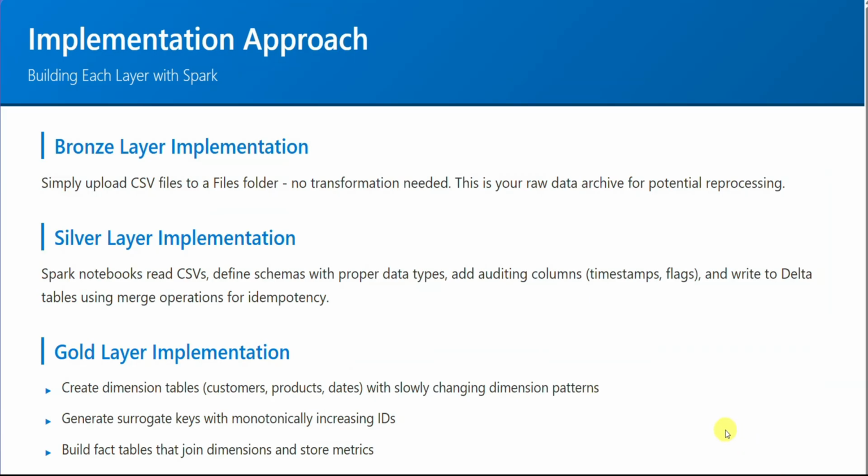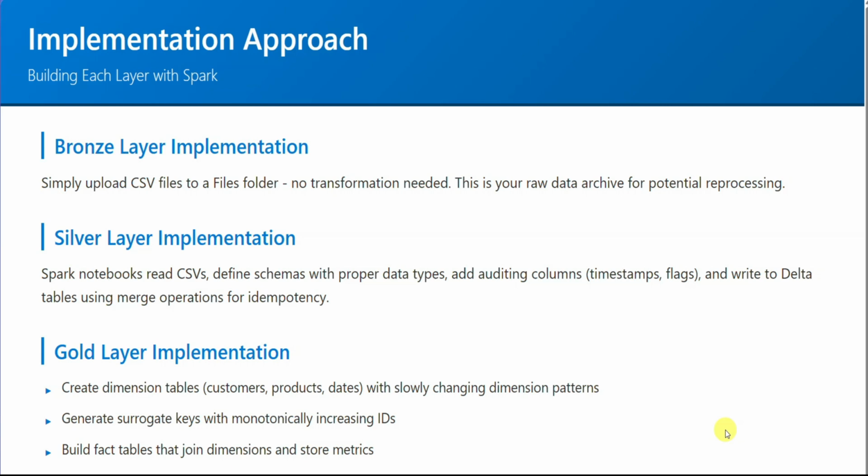Now for silver, we'll create a notebook that reads those CSVs, defines a schema with proper data types, adds auditing columns like timestamps and flags, and writes to a Delta table using merge operations. Merge is key. It handles both new records and updates to existing records, making our pipeline idempotent.